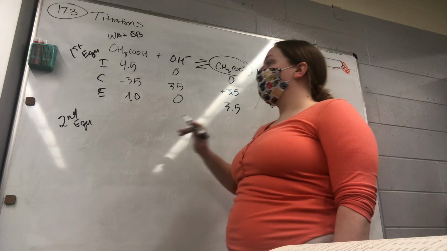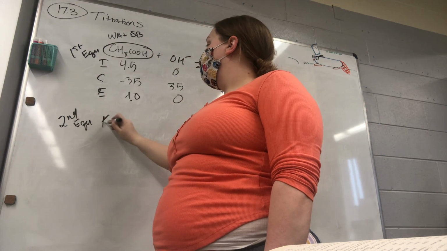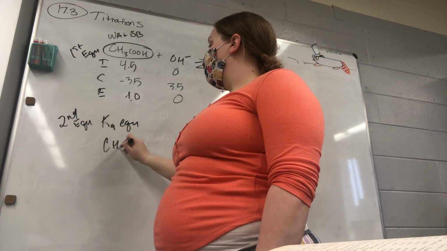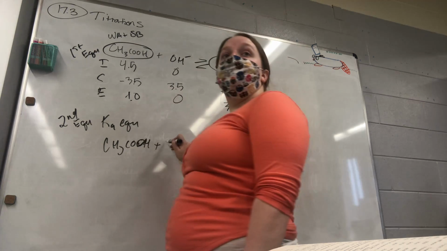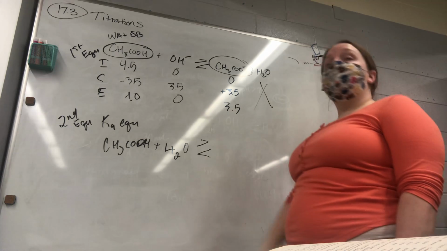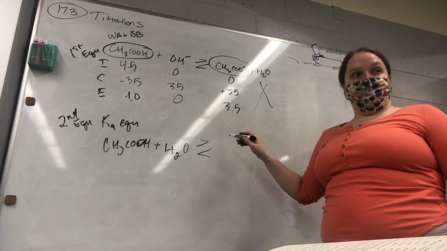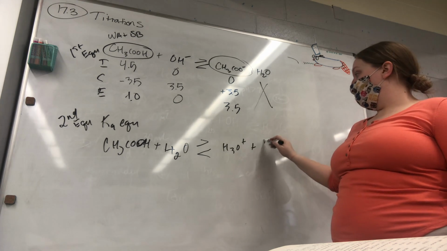Yeah, I got you. Okay, so next thing is we're going to take the Ka equation, and the Ka equation adds water and forms what? It's going to form an H plus, and it's also going to form the conjugate base without the H at the end.